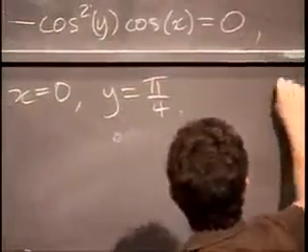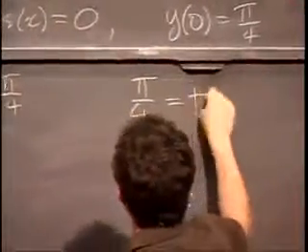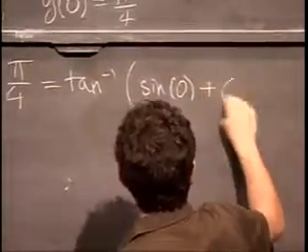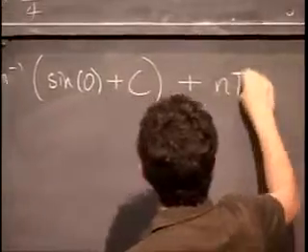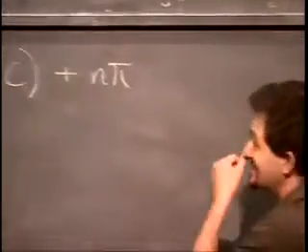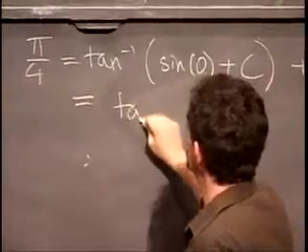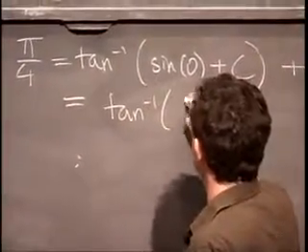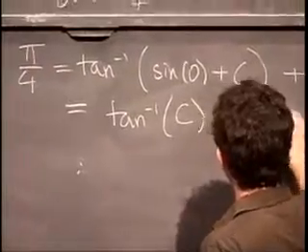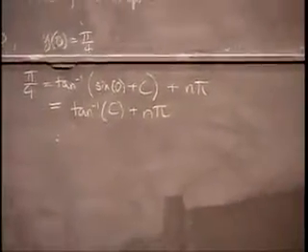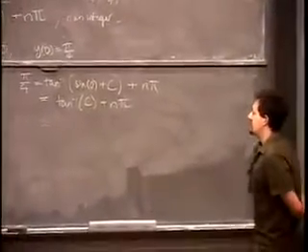So in particular, pi over 4 is inverse tan of sine of 0 plus c, plus n pi. And I have two constants to find out. Well, luckily, sine of 0 is just 0. So I have pi over 4 is inverse tan of c plus n pi.